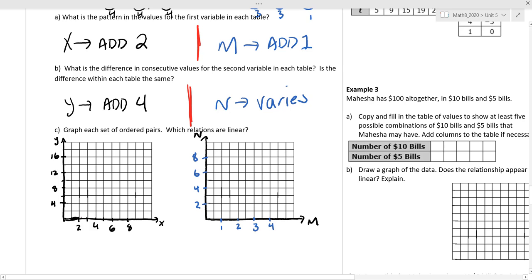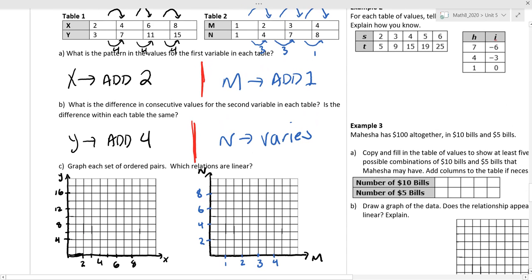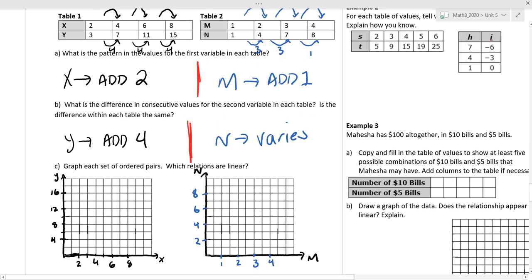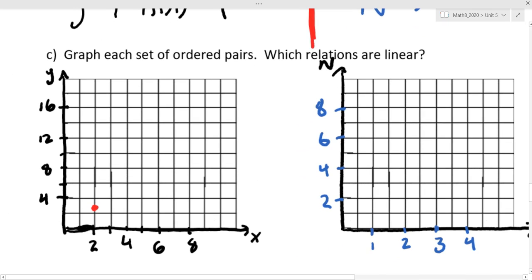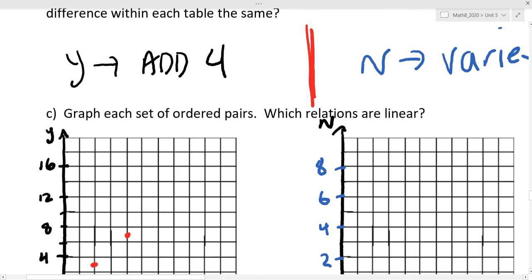So on the first graph, when you're graphing these, just because of the way we did our scales, our dots do not line up perfectly on crosshairs, and that's fine, right? So you go 2 and 3, it ends up right here. And we have 4 and 7, that'll be right here, halfway in between. That's fine. It does not have to line up perfectly on crosshairs.